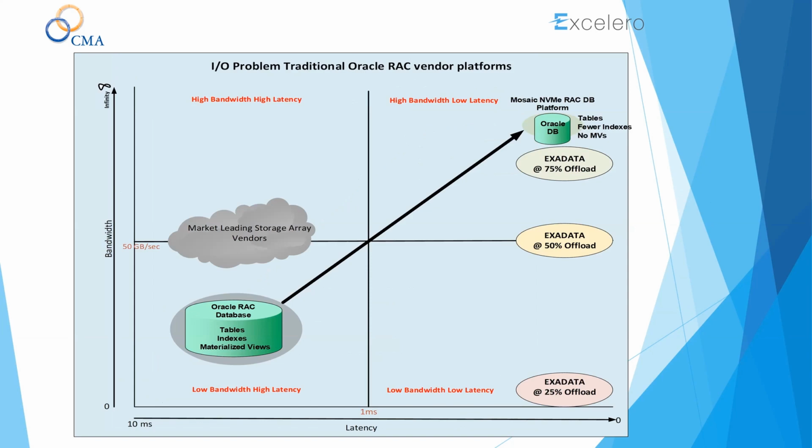There are a lot of solutions using market-leading storage array vendors that may give you 5, 10, or 50 gigabytes per second of scan bandwidth, and a couple of milliseconds per 8K block, 2 milliseconds, 1 millisecond. That's where most people are. With our solution, using NVMesh and Excelero, we're in that high bandwidth, ultra low latency quadrant.